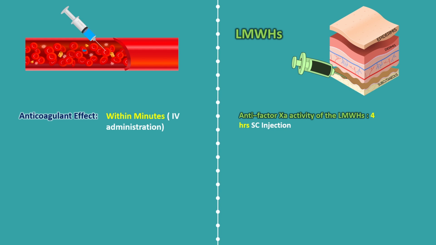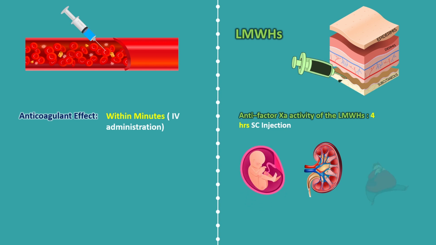It is usually not necessary to monitor coagulation values with low molecular weight heparins, because the plasma levels and pharmacokinetic parameters of these drugs are a bit more predictable than heparin. However, in renally impaired, pregnant, and obese patients, monitoring of the factor Xa level is recommended even with low molecular weight heparins.